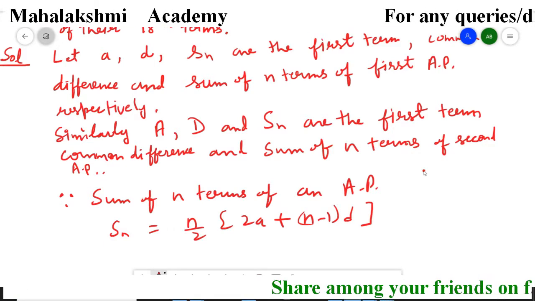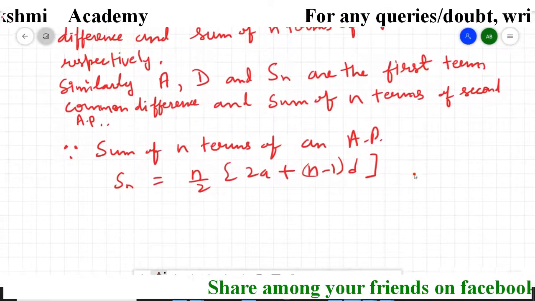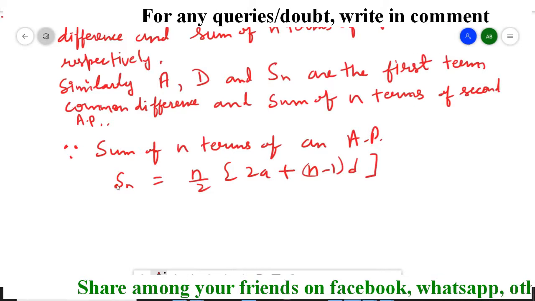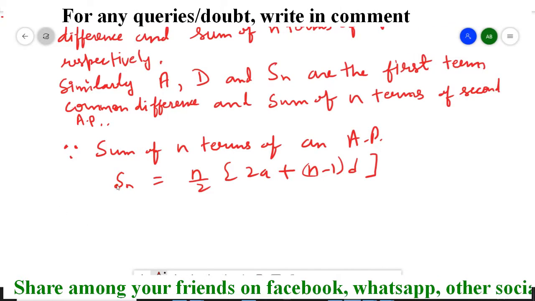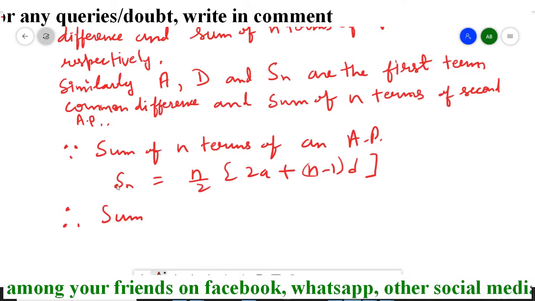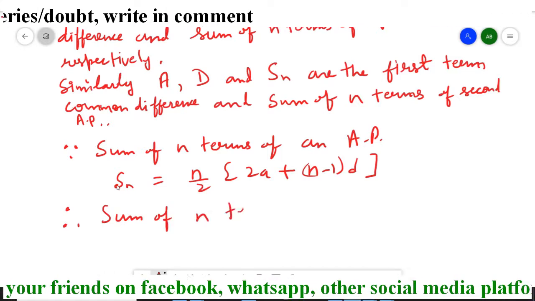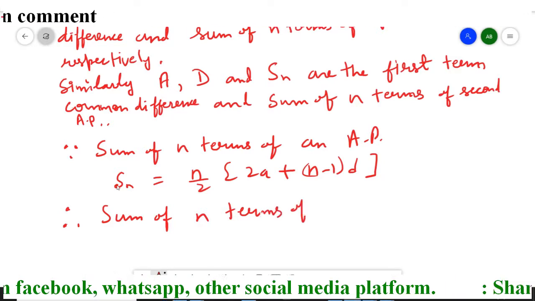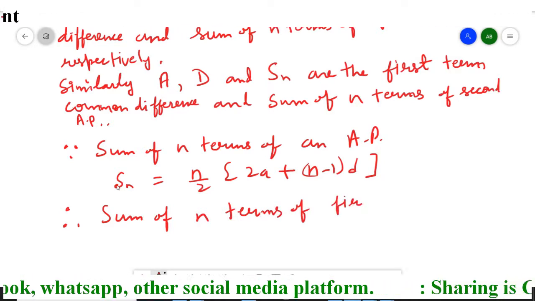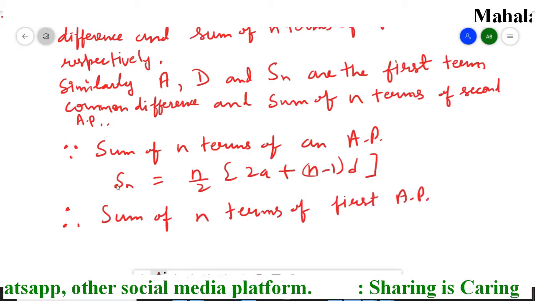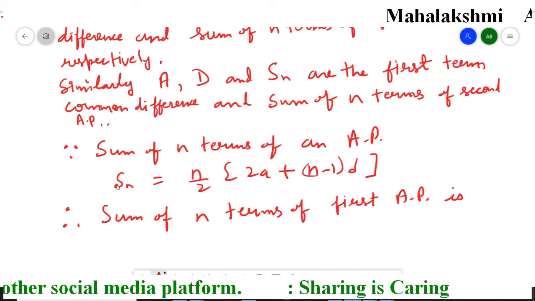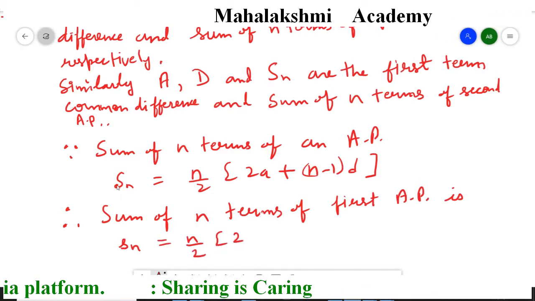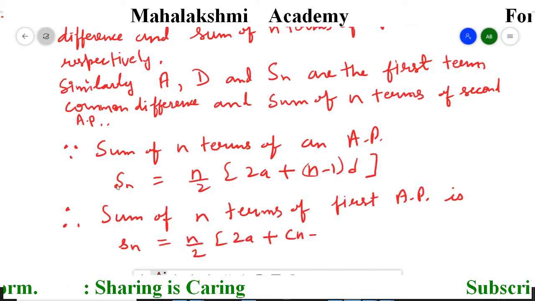So for the first AP, the sum of n terms of the first AP is small Sn equal to n upon 2 bracket 2a plus n minus 1 d.